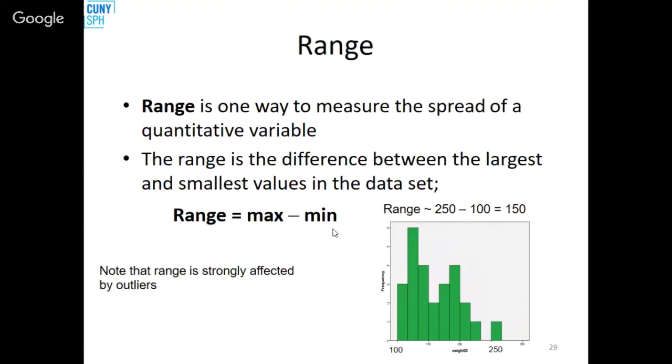But for an unbounded distribution, your range will never converge. The larger the sample you take, the larger your range will get. So that's something to keep in mind when you think about the range, is that it is affected by your sample size. If the range is not defined in your population, like a normal distribution where the range is from -infinity to infinity, then it will never converge in your sample.